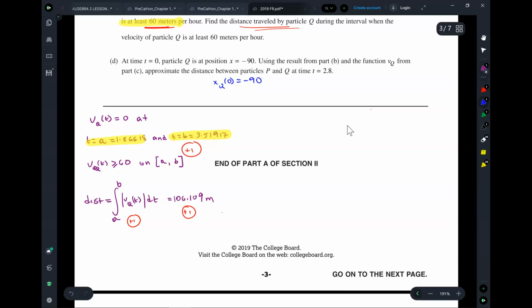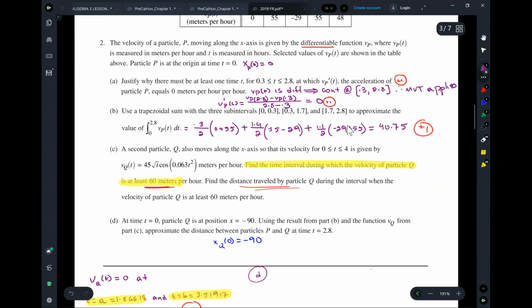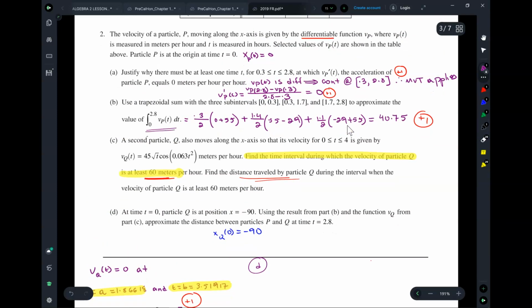So what did we find in B? What's the integral from 0 to 2.8 of VP of t dt? It's area, but if you integrate velocity, what do you get? This is the distance that the particle traveled from 0 to 2.8 seconds.